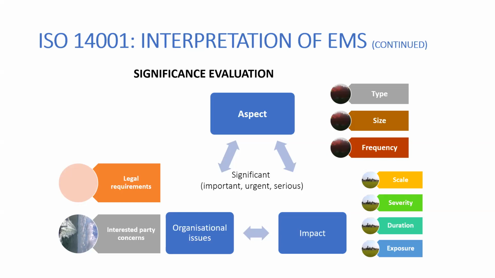And whether the aspect is significant depends on the type of aspect. For example, if the material being put out is a recyclable material, or a consumable, reusable material that you can use again, then it will not be a significant aspect. Similarly, the size, how much you are going to put out. For example, the more waste you generate, the more adverse the impact.